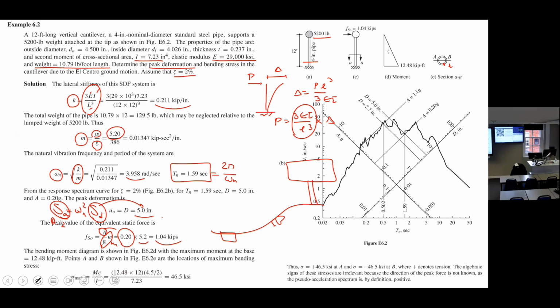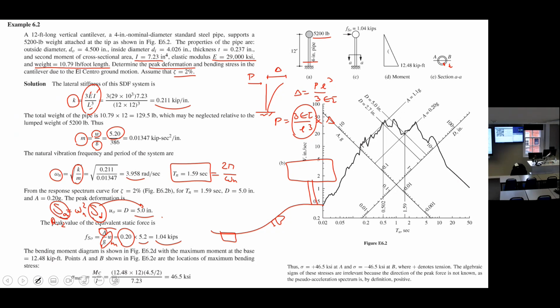The peak deformation during the earthquake for this system is 5 inches. And the peak force, which comes from the peak spectral acceleration, is 1.04 kips. These two occur at one time, and that time corresponds to the maximum value of that graph in the Excel.